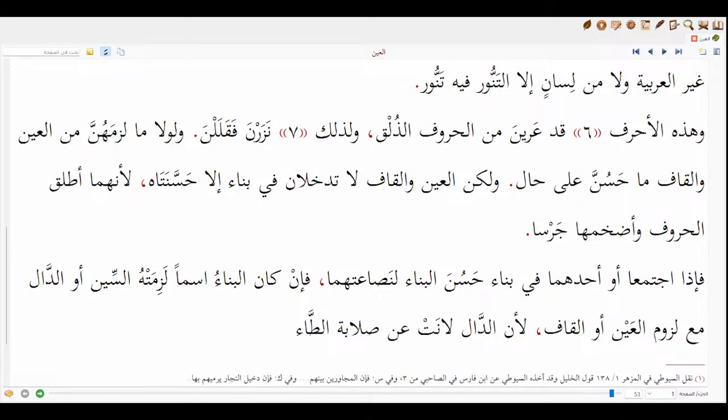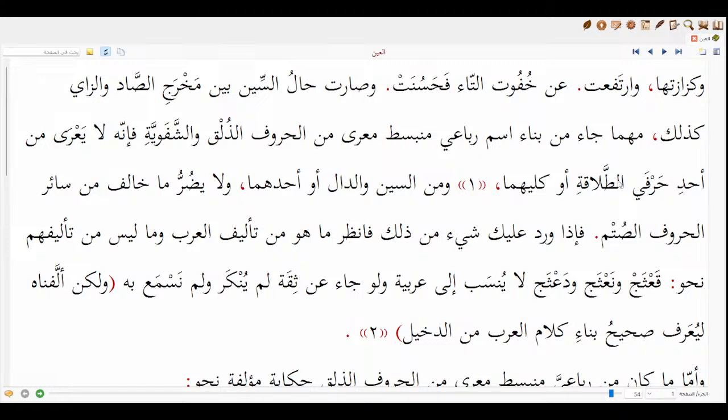If this word is a noun rather than a verb, then it should also contain a sin or a dal, whilst also having a ʿayn and a qaf because they beautify the word and make it acceptable. لأن الدال لانت عن صلابة الطاء, because the dal is softer than the hardness of the ta.